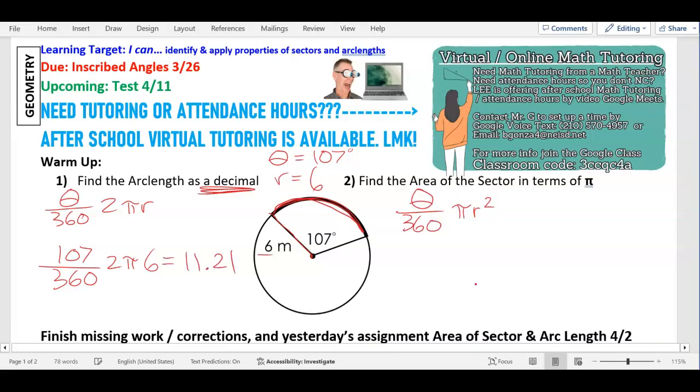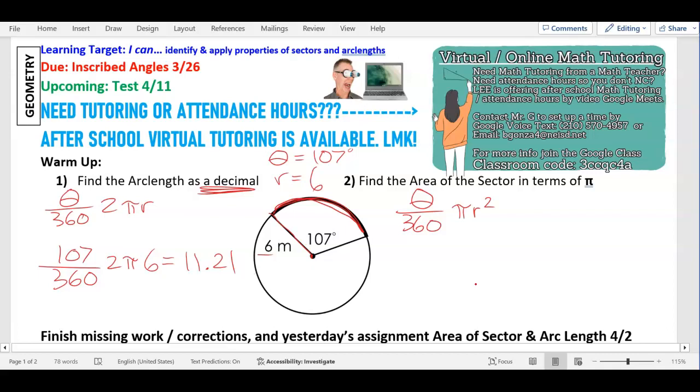11.21. What are my units of measure? M stands for meters, okay?